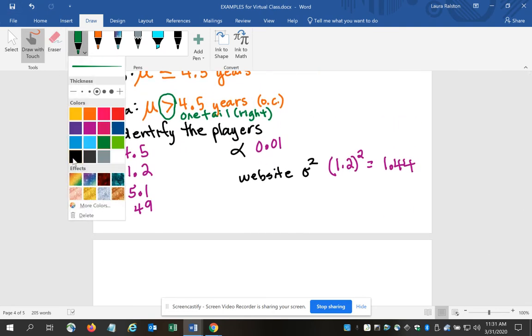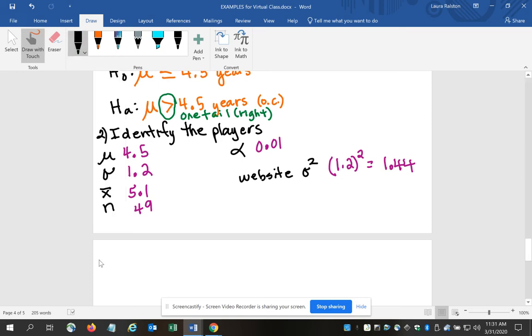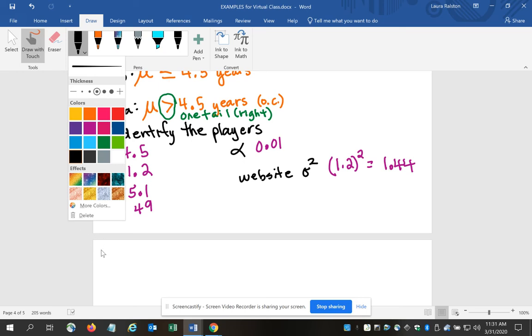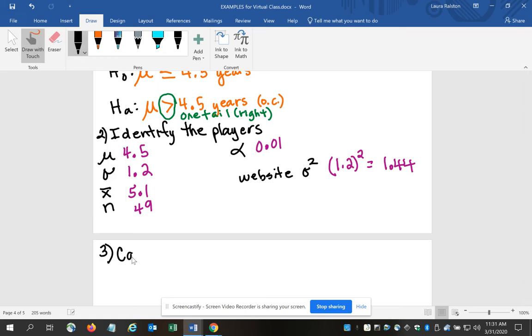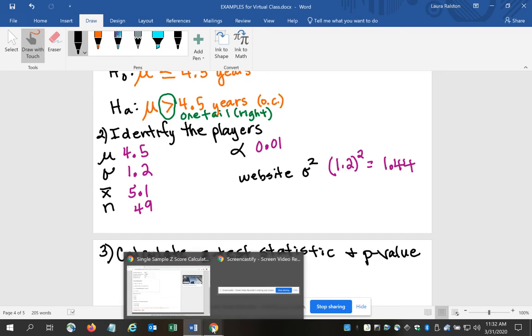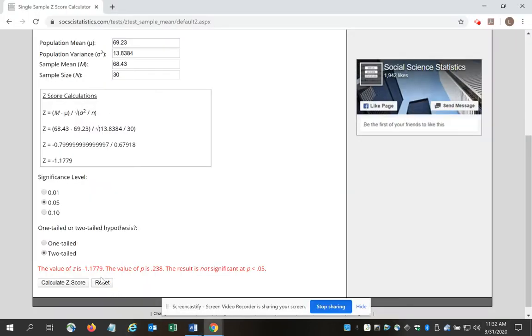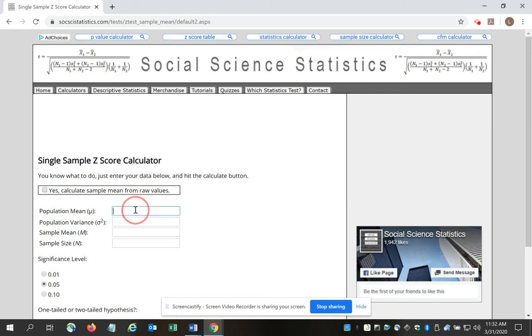In step 3, we go out and we calculate our test statistic and our p-value. Okay, and again, for us, we are doing a z-test, and we're doing a z-test statistic, again, because we know the population standard deviation. So I'm going to take all of this information, and I'm going out to the website. I'm going to reset. My population mean was 4.5.